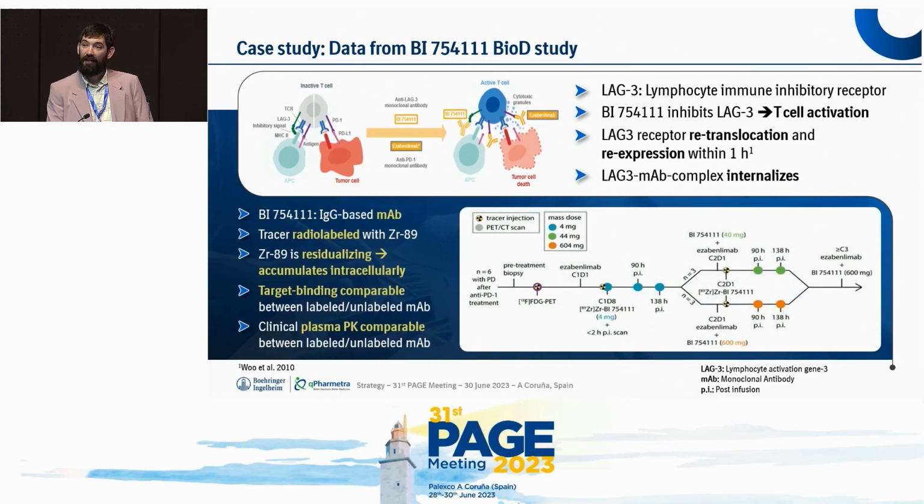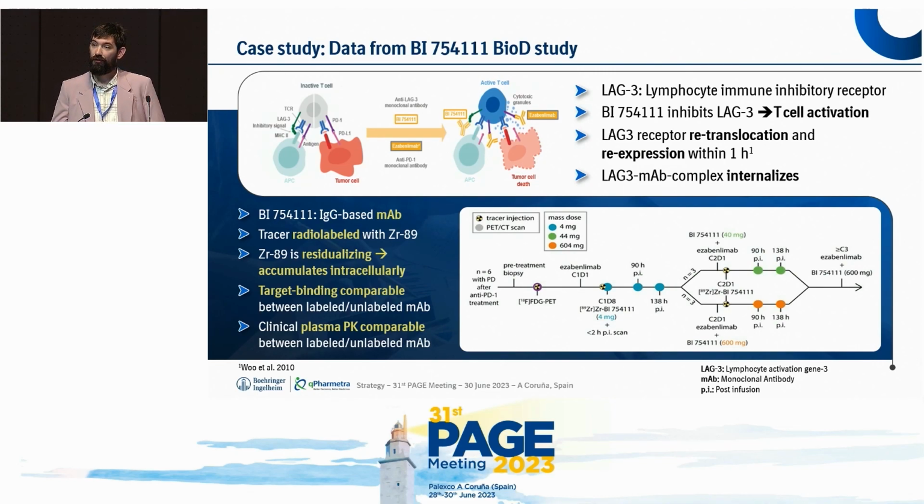The study we had at hand with this anti-LAG3 compound, BI 754111, is as follows. First, radio-labeled compound together with a little bit of cold compound was injected in order to really see the kinetics of this monoclonal antibody at the target site.